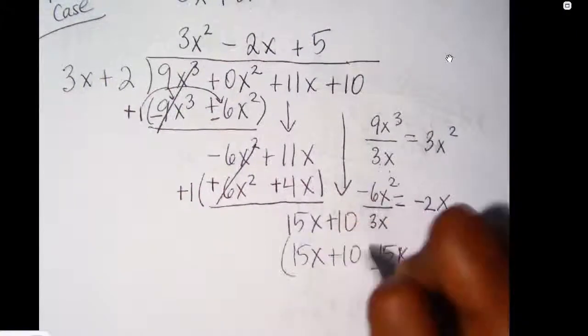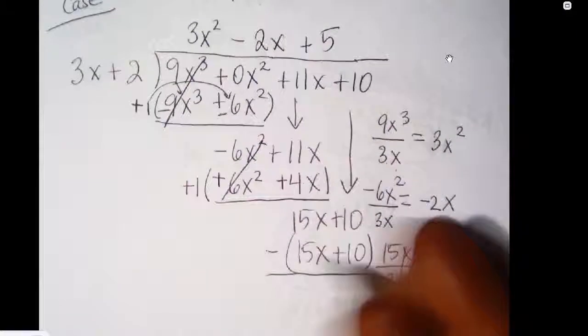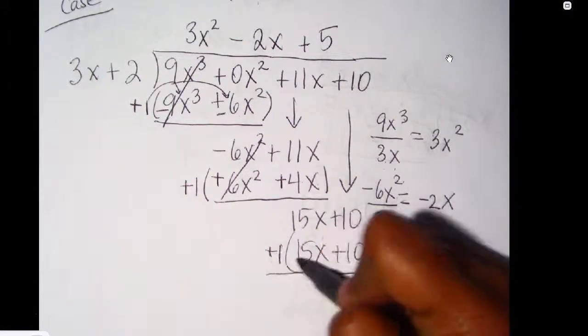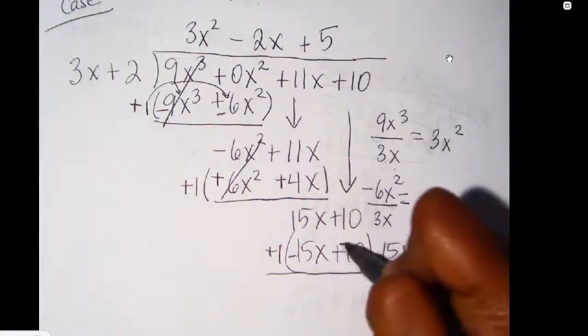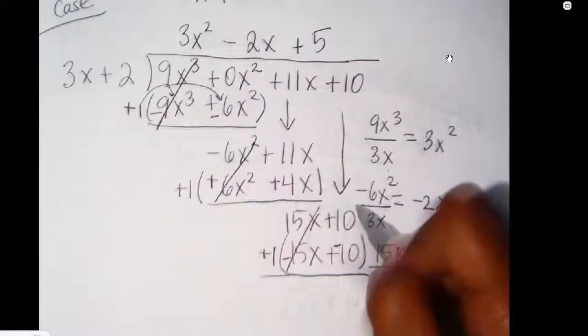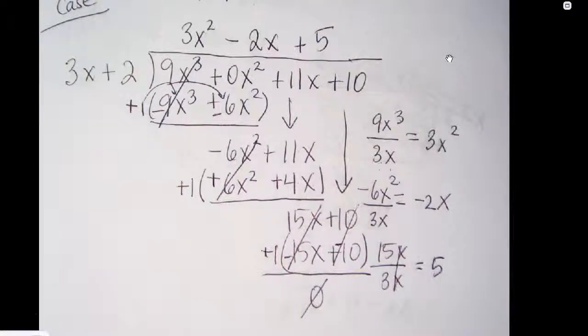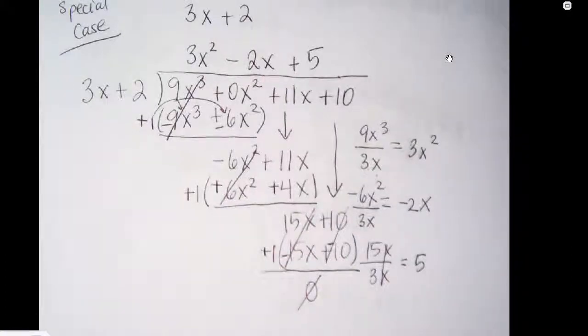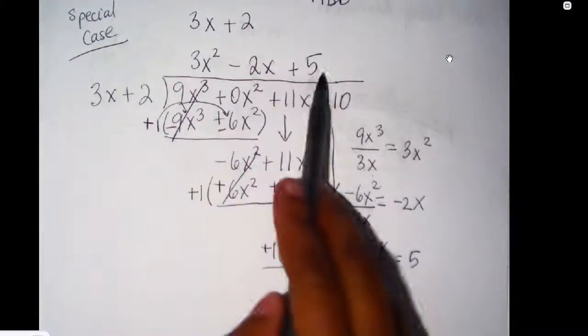And the beauty of this is when I do my subtraction, I'll distribute through, and this will become a negative, and this will be a negative. And guess what? Everything cancels out. There's no remainder. So the answer to this problem is going to be what's exactly up here at the top.